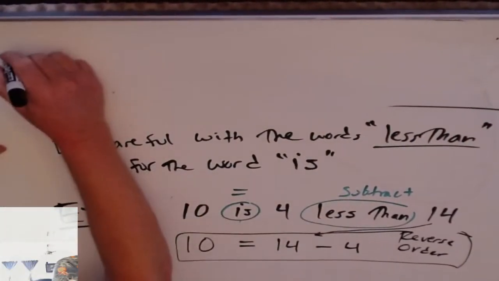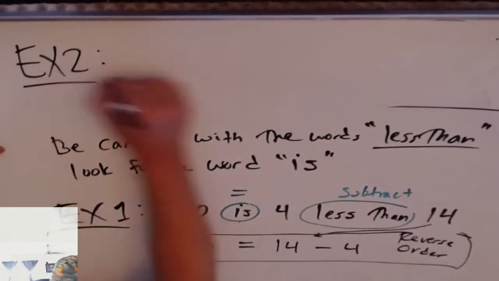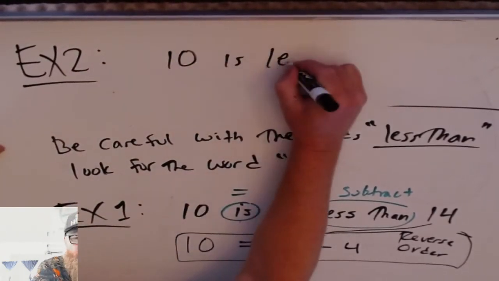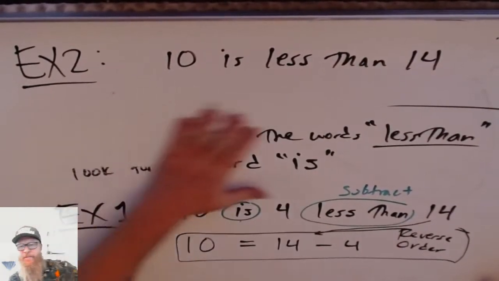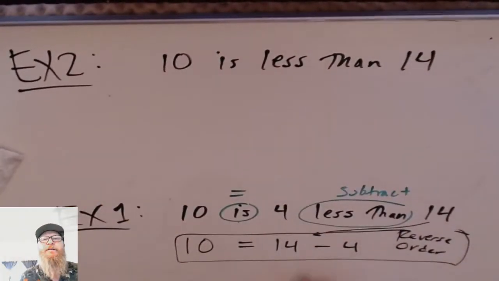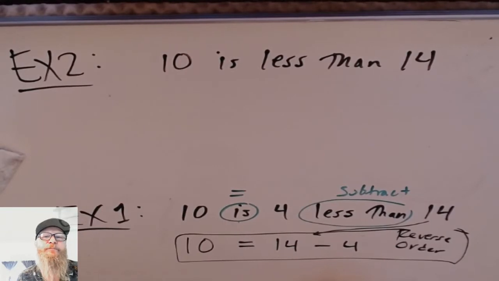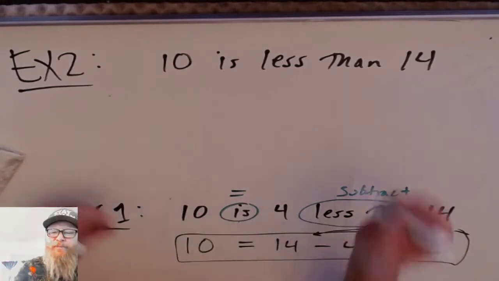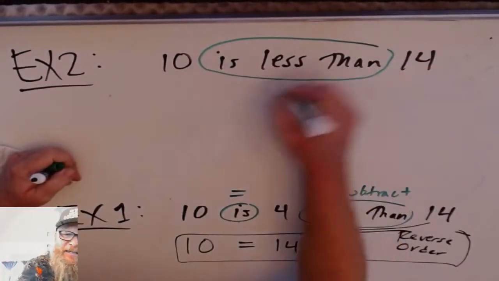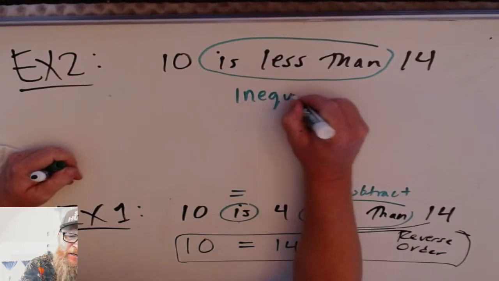Now let's compare this with something like this. Ten is less than 14. It means something different now. Now it means inequality.